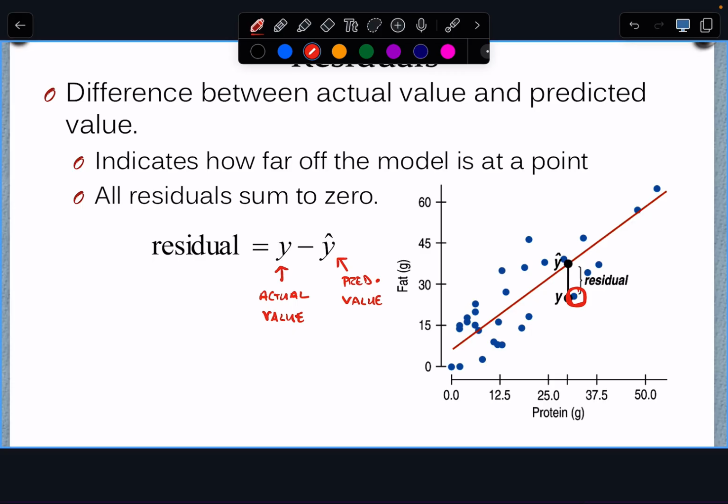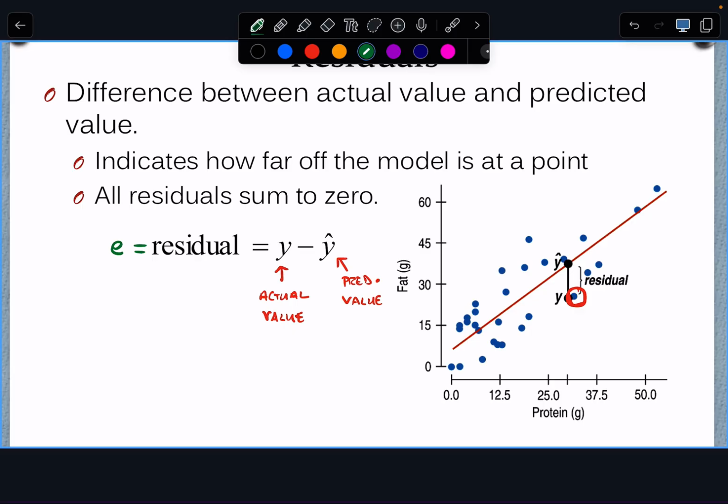The other thing here that's important to note: residuals are sometimes denoted with the lowercase e. So when they ask about residuals, sometimes they use the notation, the lowercase e, to denote a residual. So that's just something to be aware of.